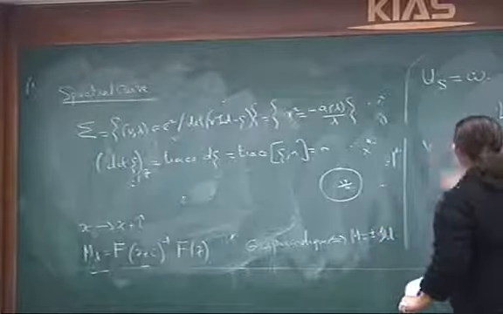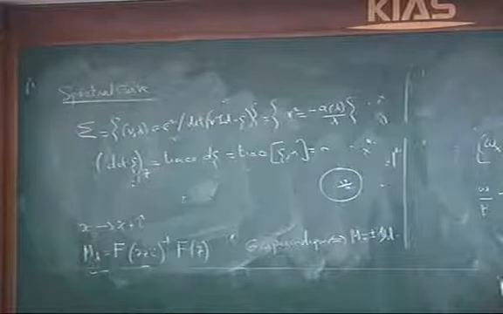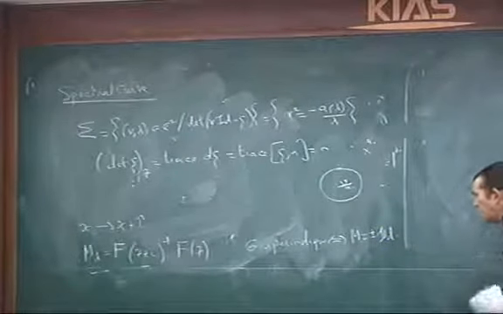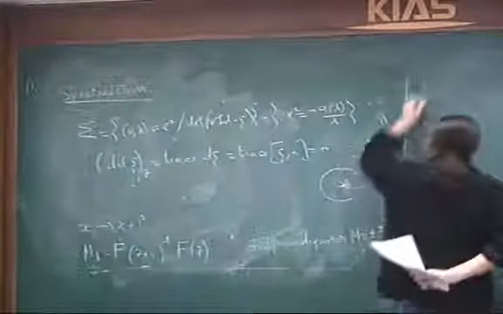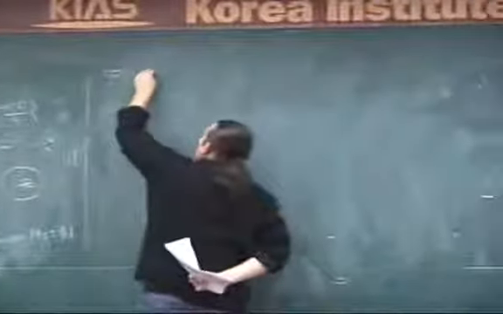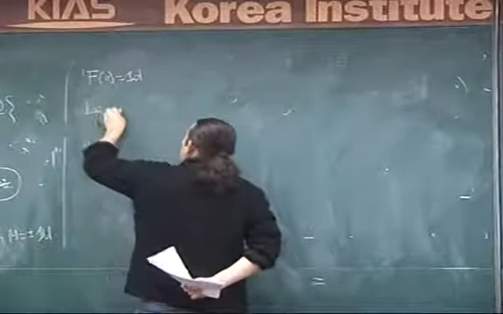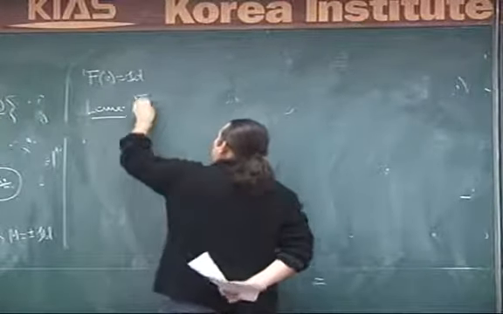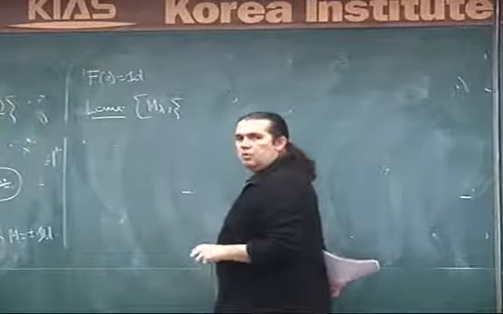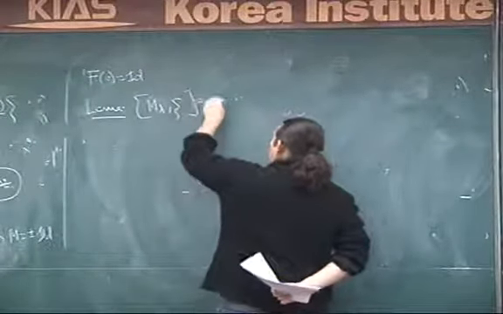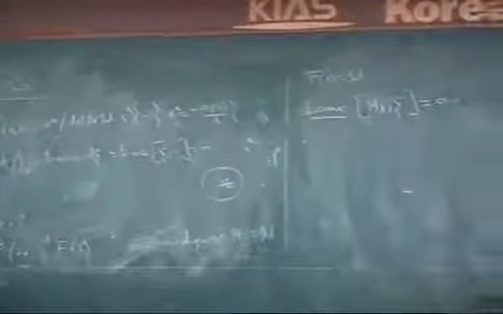And what happens now? If F(0) is the identity, you can see, and this lemma is very important, that the monodromy matrix M commutes with psi.